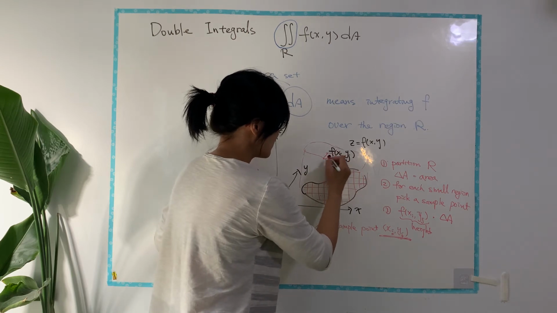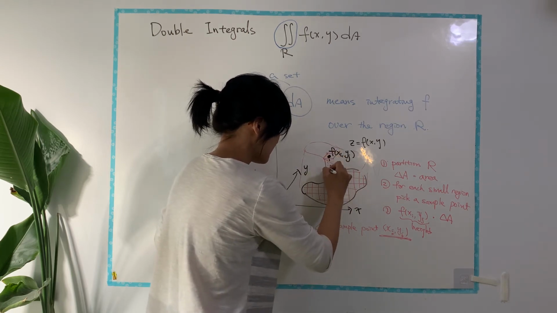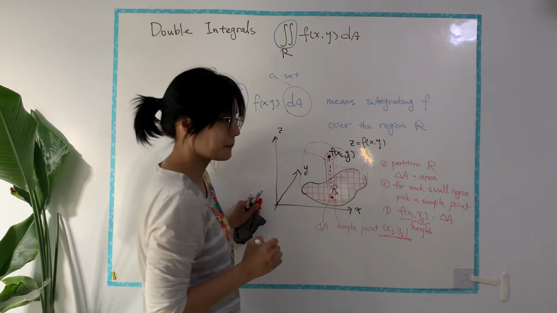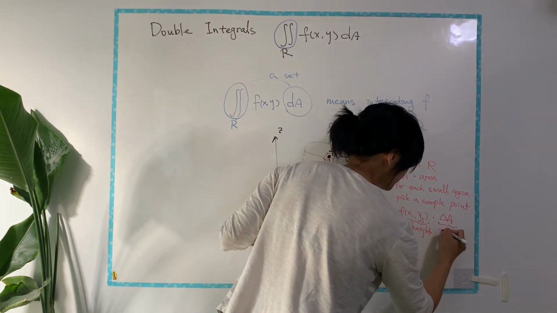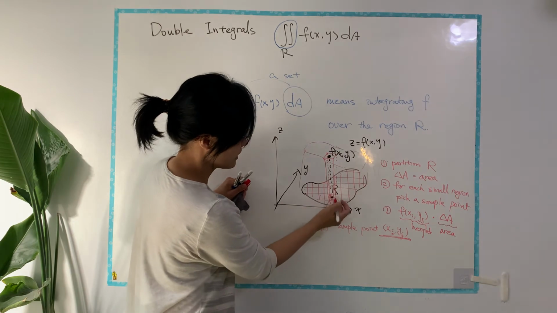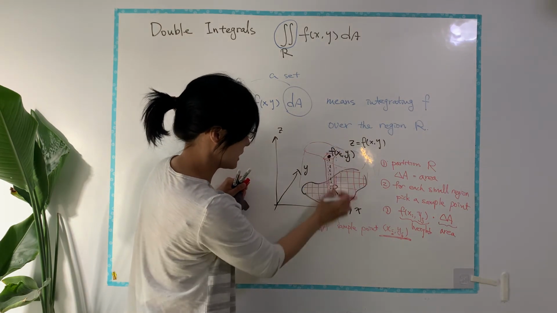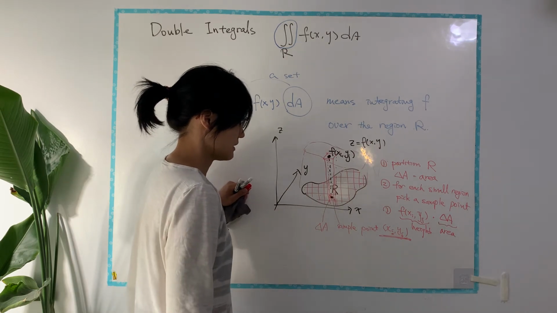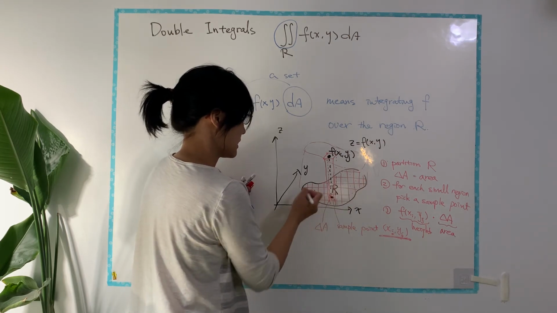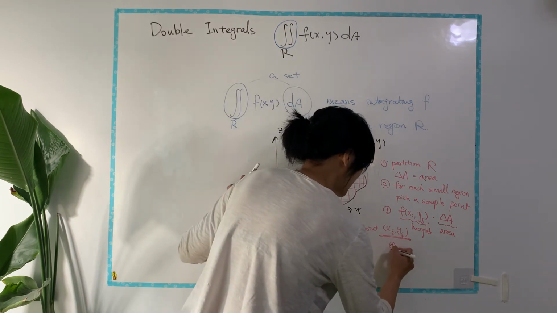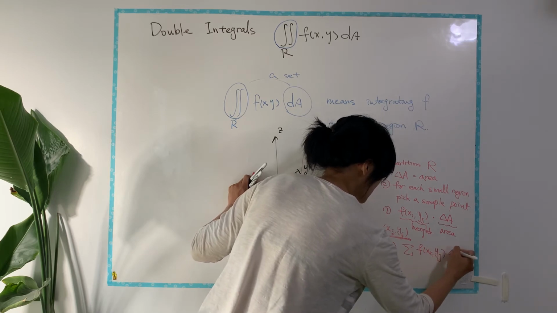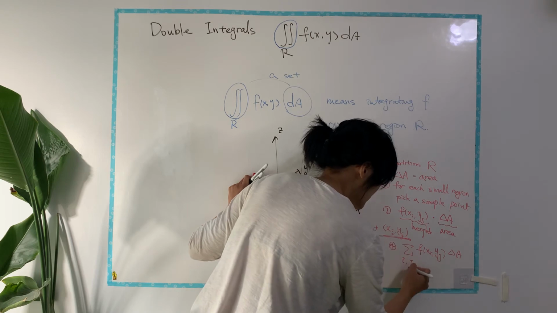I get the volume of this rectangular stick, because area times height gives volume. I repeat this process for each region of the partition, and then I sum over all these volumes. So I sum over i and I sum over j.